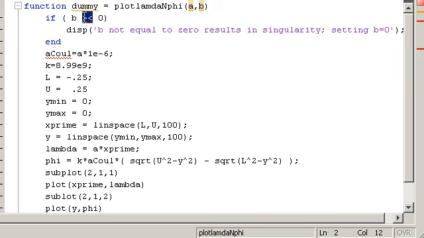So let's try that. Tilde equals, Control S. Try running it again.